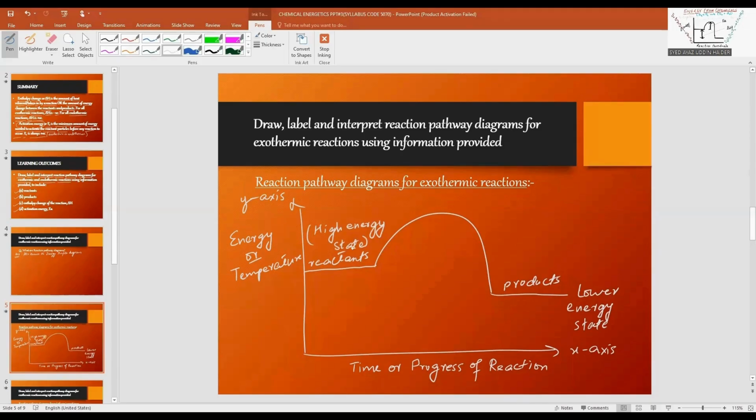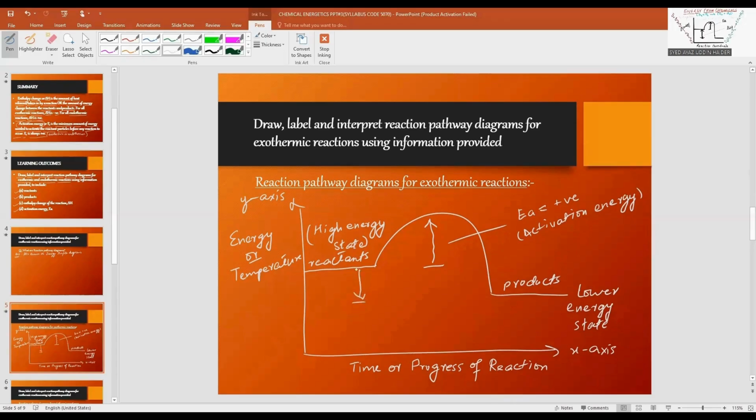Now I'm going to show the enthalpy change of this reaction and activation energy. This will be the EA or activation energy, which is positive. Enthalpy change will be between reactant and product.